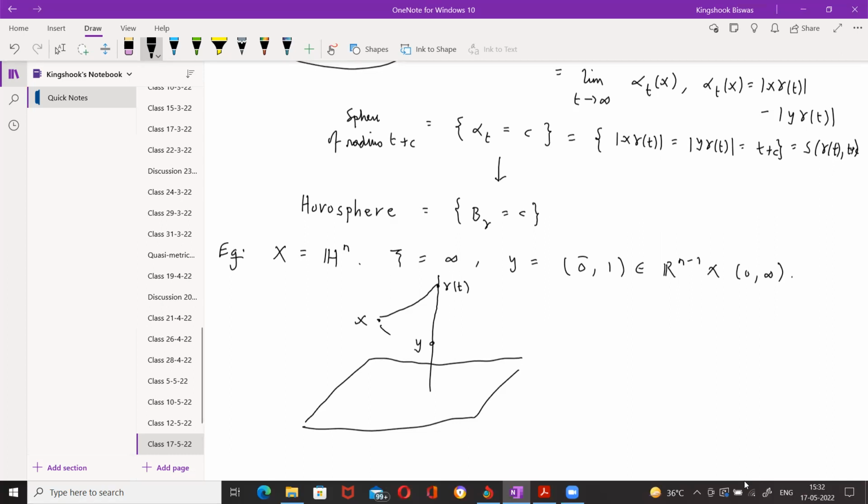Then this is also a very large Euclidean sphere. So what happens if I take a sequence of Euclidean spheres passing through a fixed point y? It will converge to the plane that is parallel to the base plane and passes through y, a horizontal plane.